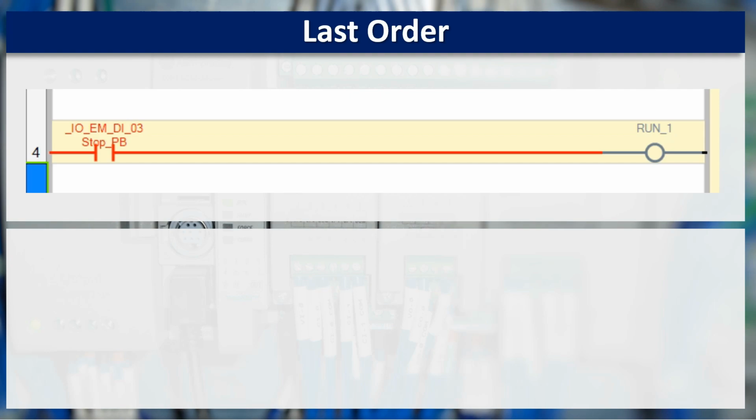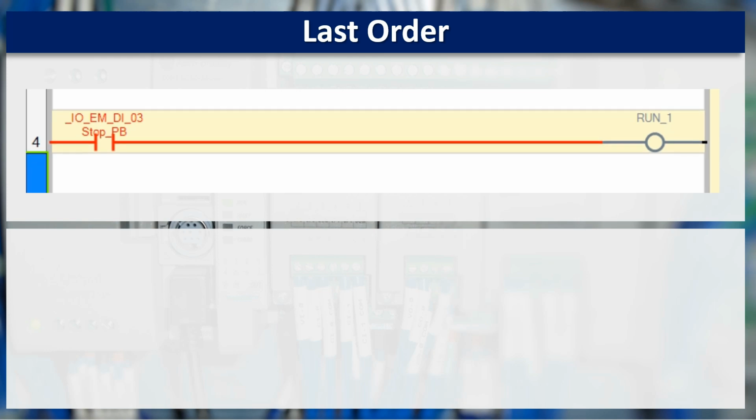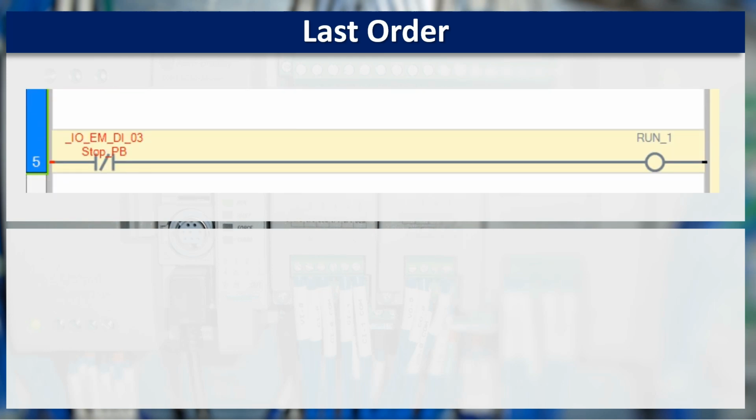However, our run 1 output is not energized. This appears to be conflicting. However, if we go to the next rung and examine it, we find the culprit. Because the stop push button is being used and being examined to look for the absence of voltage, it is a false statement. Therefore, the run 1 is turned off.